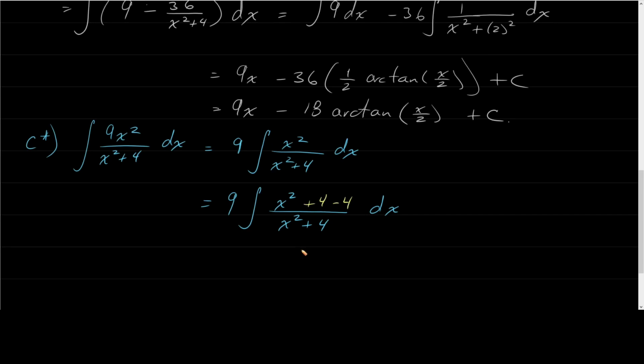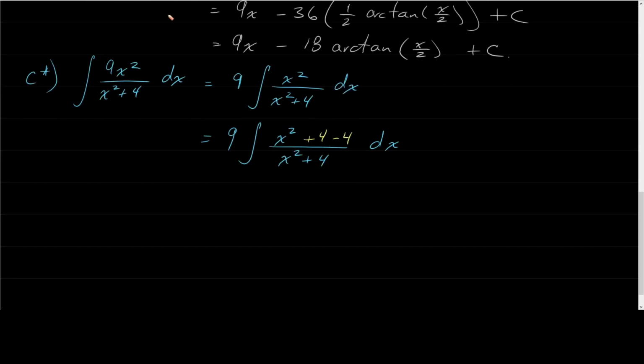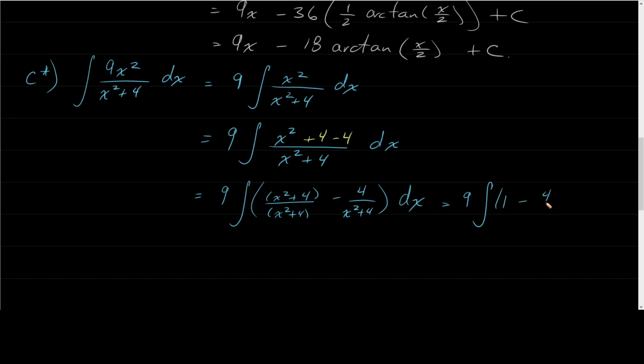It doesn't change anything. Now, why would we want to do that? Well, at this point, let's see what our integral becomes. It becomes 9 times the integral of, well, I'm going to split this fraction up in this format: x squared plus 4 over x squared plus 4, minus 4 over x squared plus 4 dx, which really just says that this is 9 times the integral of 1 minus 4 over x squared plus 4 dx.